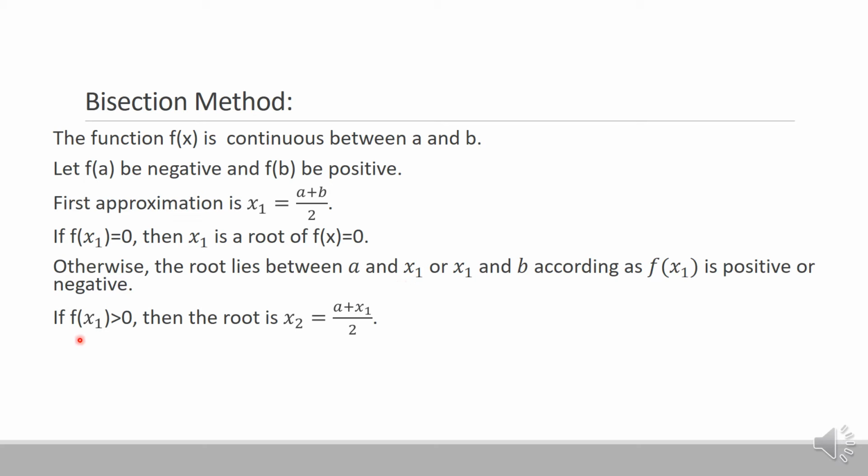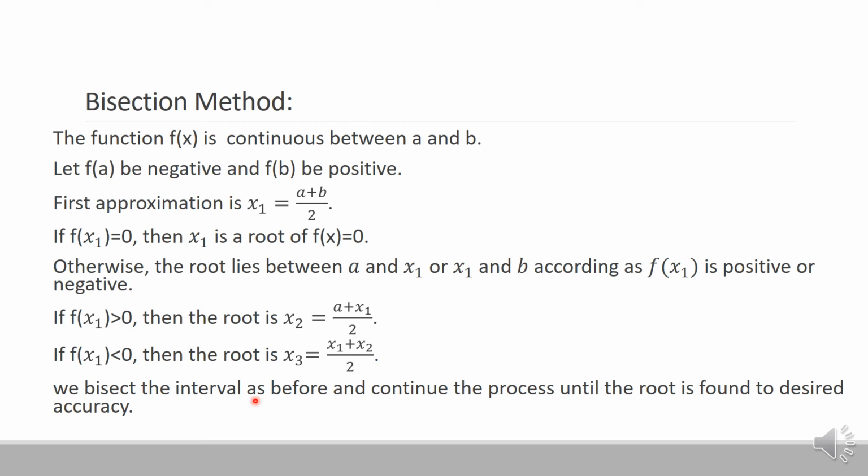If f of x1 is greater than 0, then the root is x2 equal to a plus x1 by 2. If f of x1 is negative, then the root is x3 equal to x1 plus x2 by 2. We bisect the interval as before and continue the process until the root is found to desired accuracy.